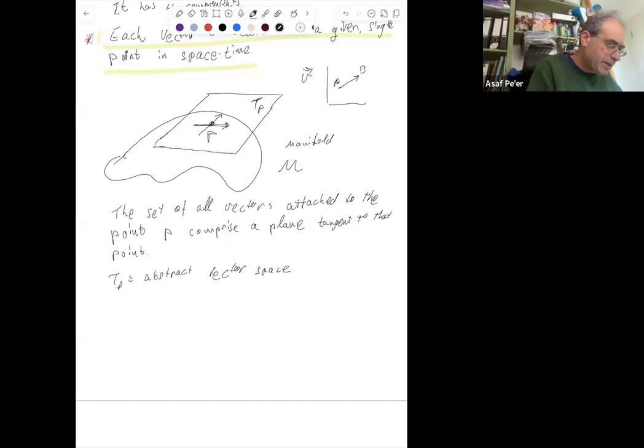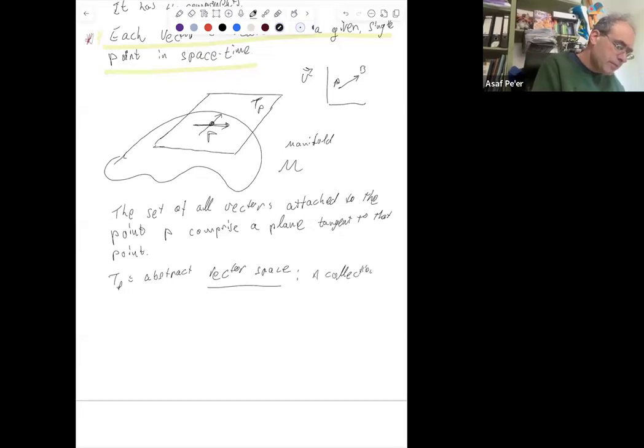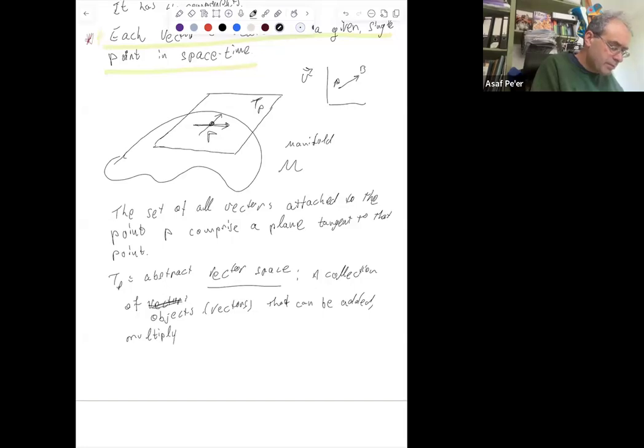This is a collection of objects, well, these are the vectors, of course, that can be added and multiplied by scalars in a linear way.